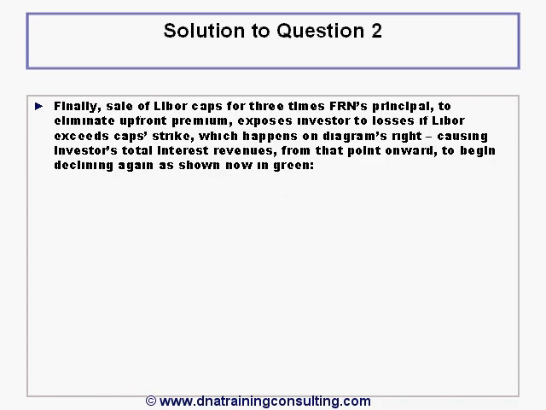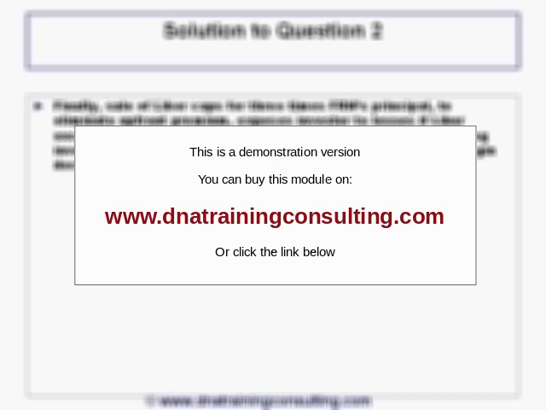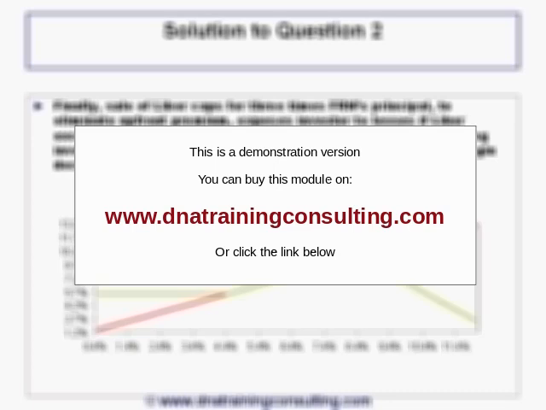Finally, the sale of LIBOR caps for 3 times the FRN's principal to eliminate the upfront premium exposes the investor to losses if LIBOR exceeds the strike of these caps, which happens on the diagram's right, causing the investor's total interest revenues from that point onward to begin declining, as shown now in green. Thus, the correct answer is C.